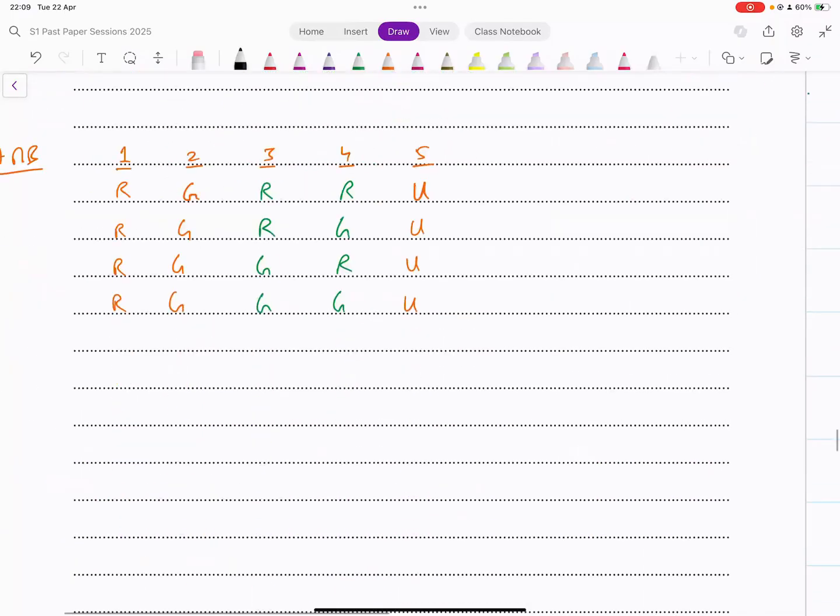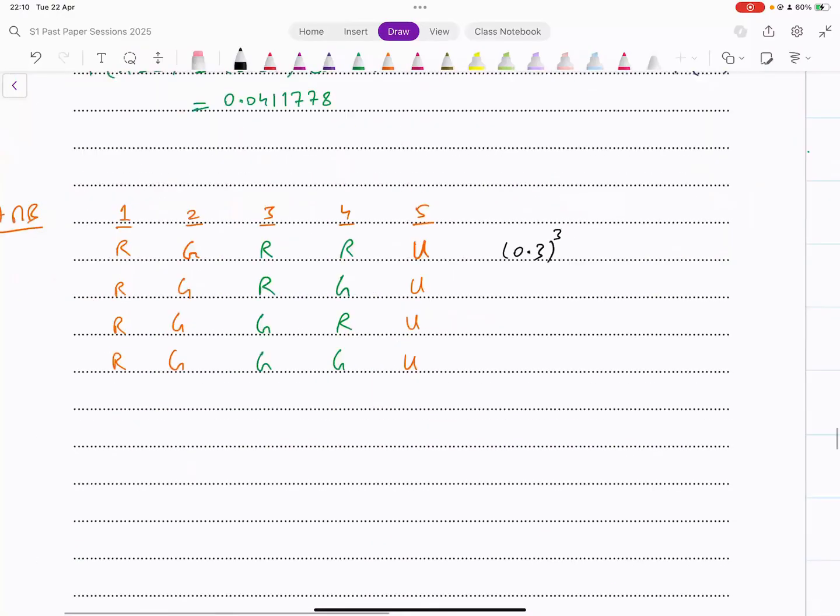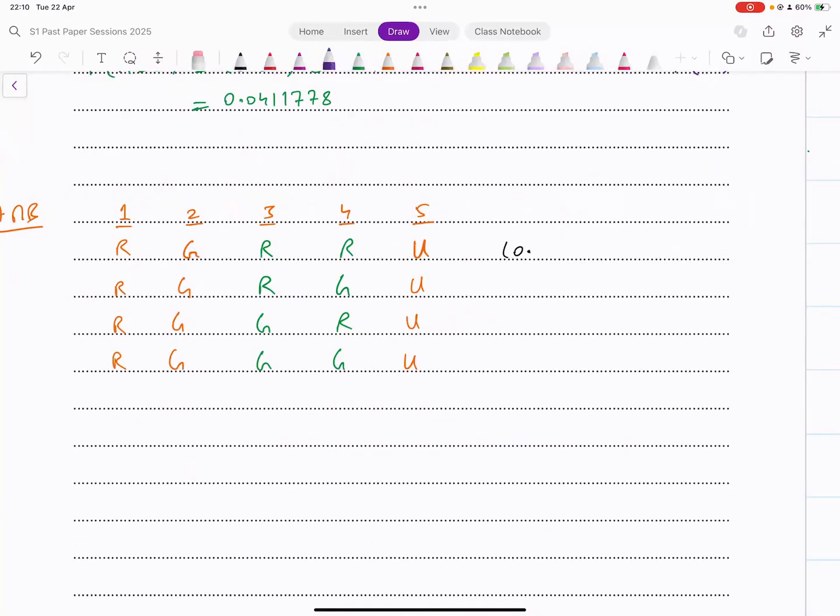So the first case is 3 reds, so that's 0.25 to the power 3. Gold was 0.3, that's only 1 here. And unwrapped, that is 0.45. That's the first case.